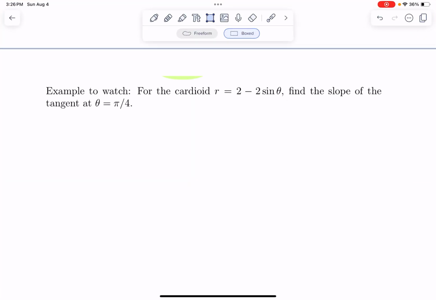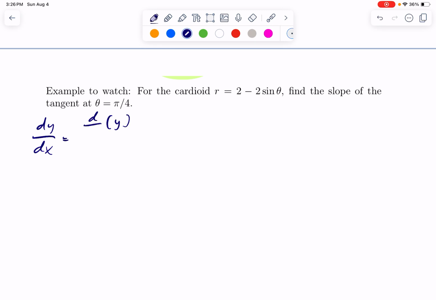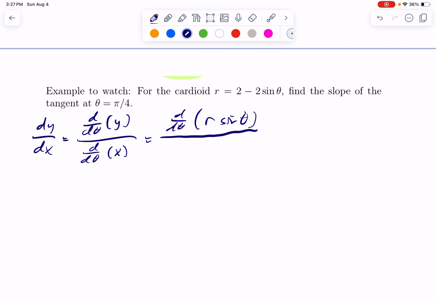Okay, so we know that dy over dx is just the derivative of y with respect to theta over the derivative of x with respect to theta. Y, of course, is the same as r sine theta. X is the same as r cosine theta.